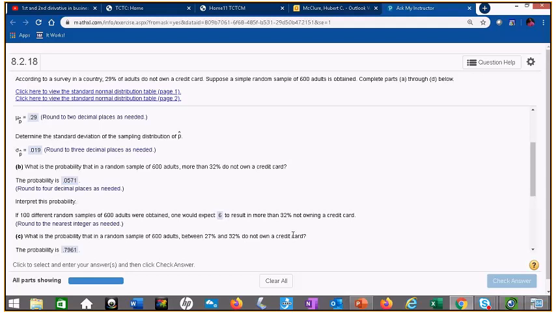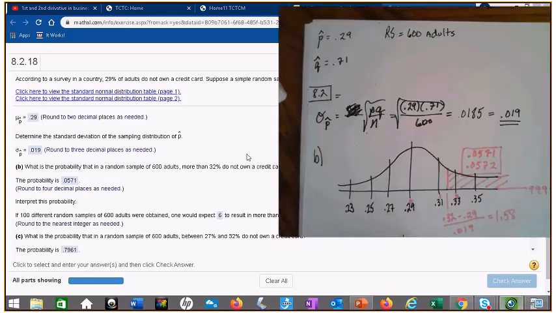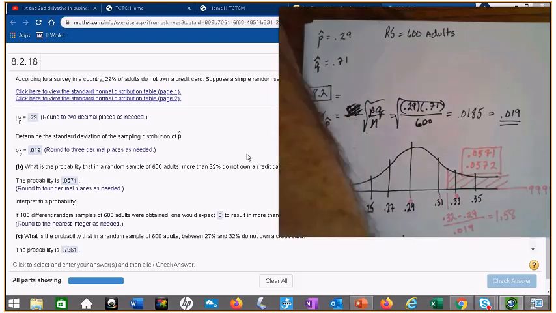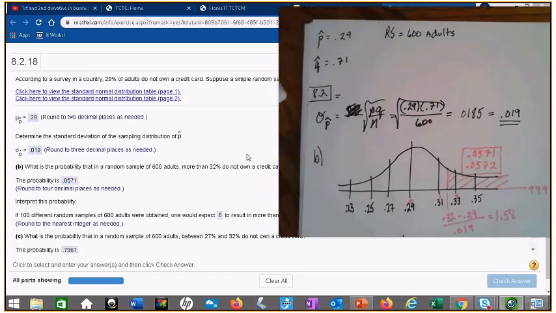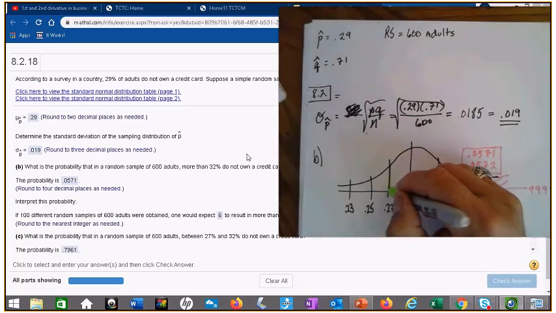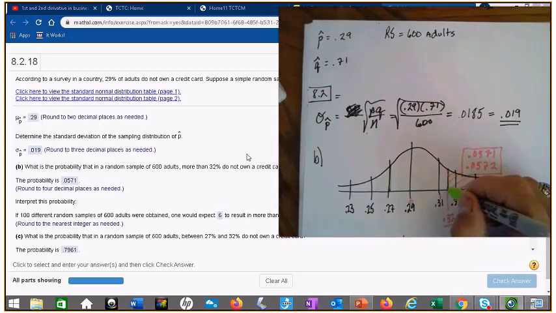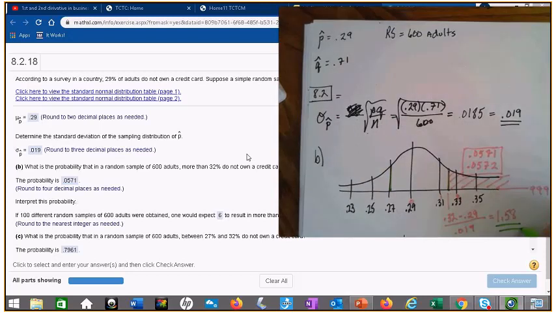So pull out your handy dandy picture, and now we're going to do 27 and 32 in a different color. There's 27, and we already have 32, so we already got that z-score. So all we got to do is find the z-score for 27 if you have an old calculator.